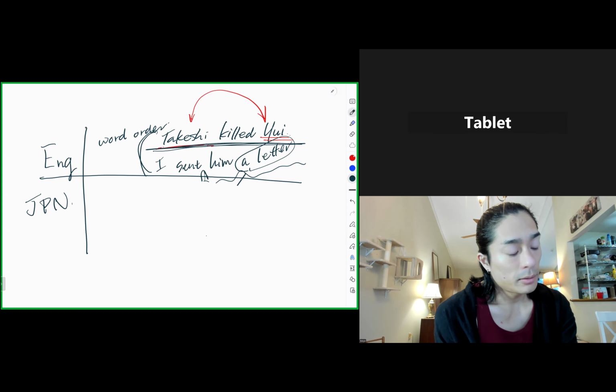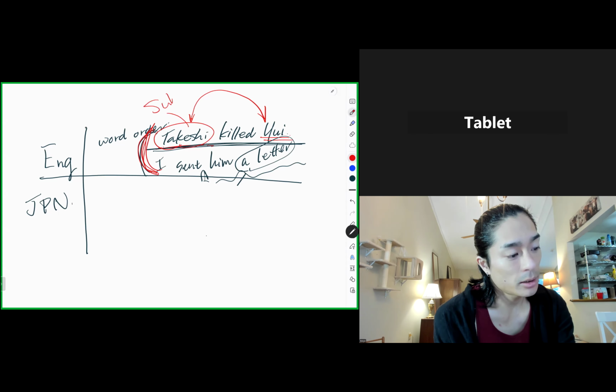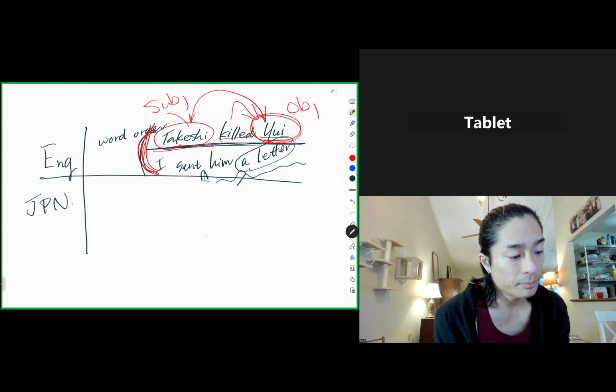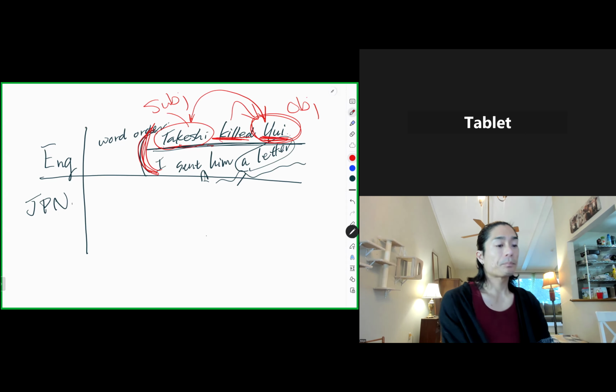For example, back to this sentence, right? Takeshi killed Yui. Takeshi is the subject of the sentence. Kill Yui. Yui is the object of the action of killing. Yui is the object, right?